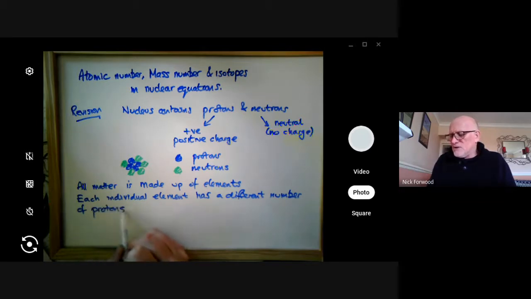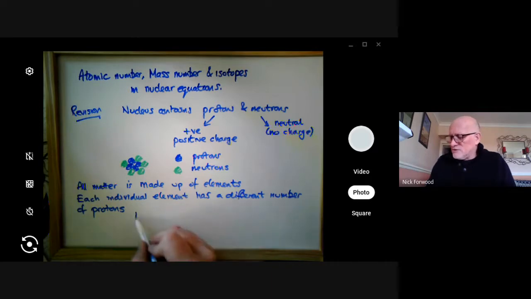So it's actually the number of protons that you have in a nucleus that defines what an element is. So, for example, hydrogen has got 1 proton, helium has got 2 protons, and so you can go on through the list of all the elements which are found in the periodic table, and each element has a number, and that number actually tells you how many protons there are in the nucleus.